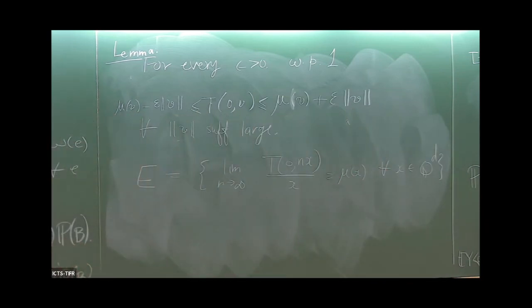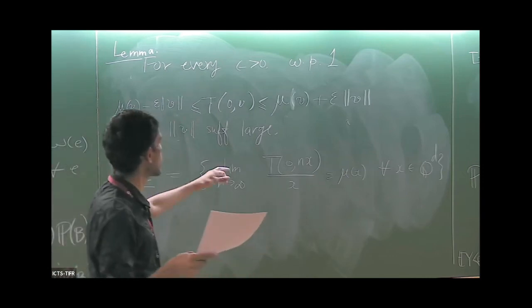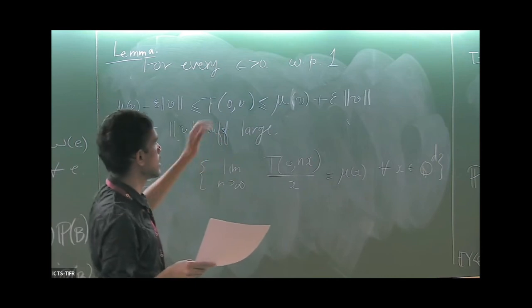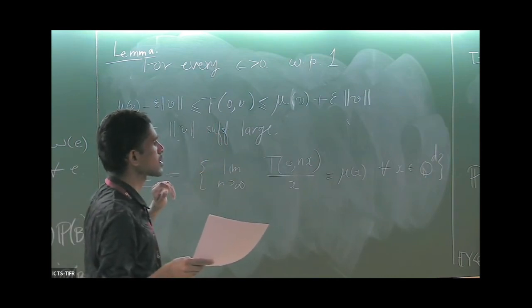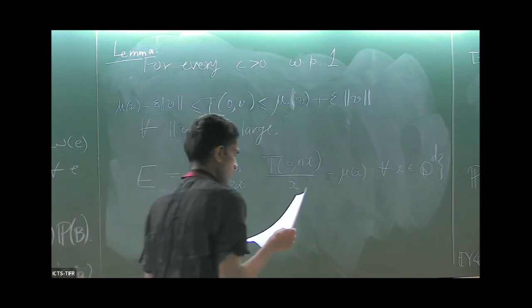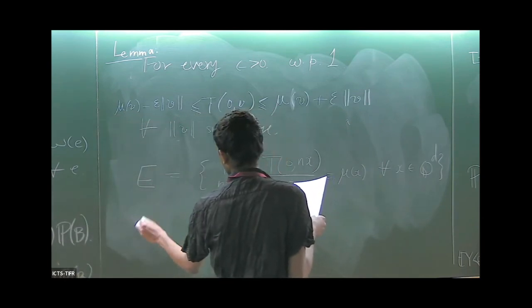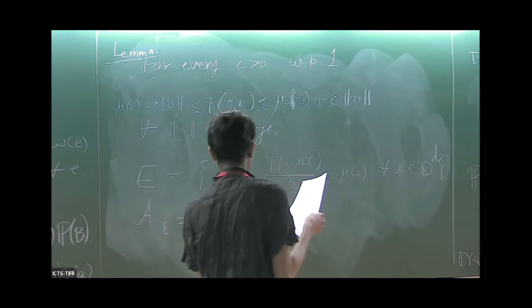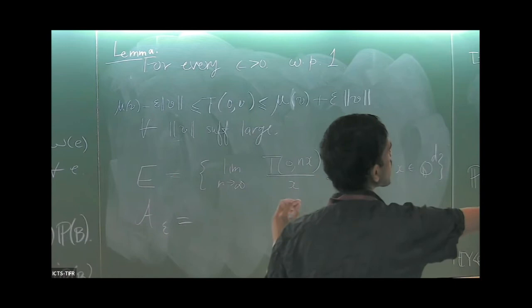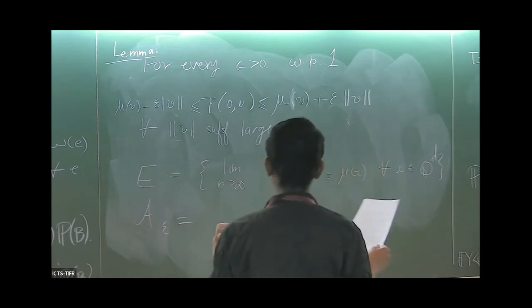So in each direction I know that the limit exists almost surely. Since I can take a union bound over countably many things, I can get an almost sure event on which this limit constant is equal to the value of the scaled passage times simultaneously in all such directions. So this is my event E, and then let me also define an event A epsilon. So A epsilon is simply the event in the difference estimate.